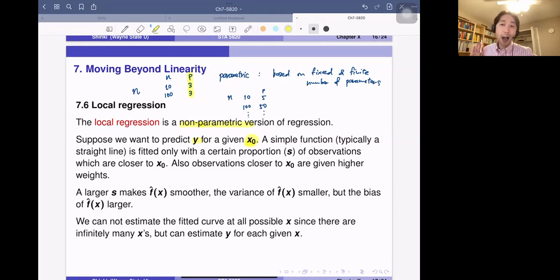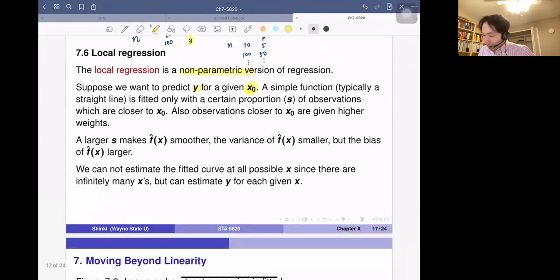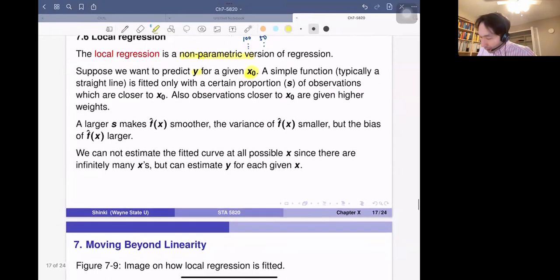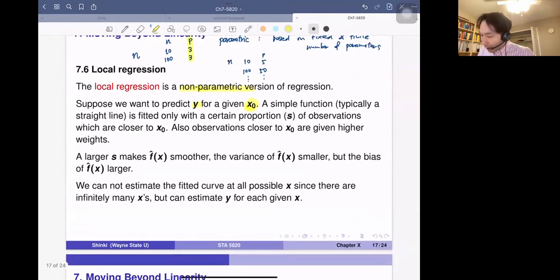Then we give higher weights on the similar people. So maybe if their age is 69 or 70 or 71, we give higher weights in the linear regression. I mean, the linear regression is done by minimizing the sum of squares, but we put a coefficient when we calculate the squared residual. So that is the idea of local regression.